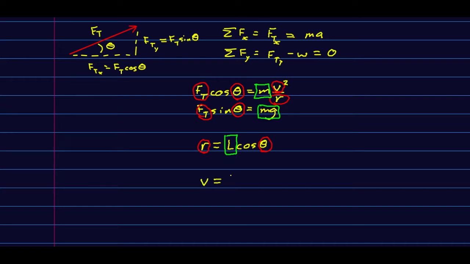As we've seen, for uniform circular motion, it is the circumference over the period, and we know the period. At that point, we have 4 unknowns, but we have 4 equations, and so this is solvable.